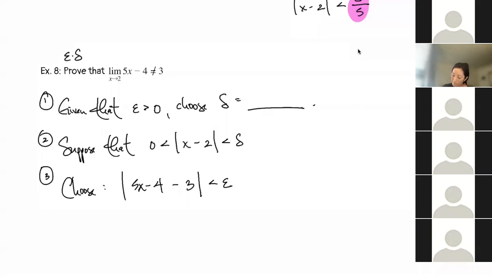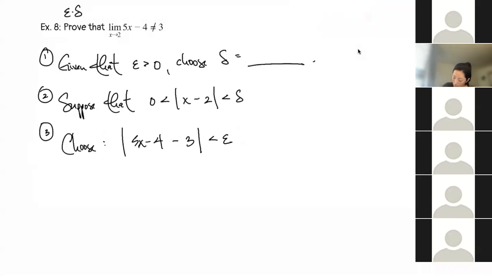Okay. So let's start to simplify here. 5x minus 7. Uh-oh. 5x minus what?